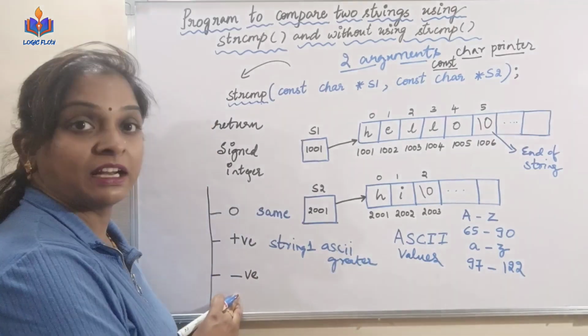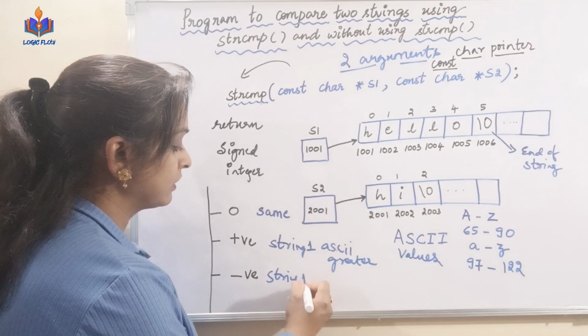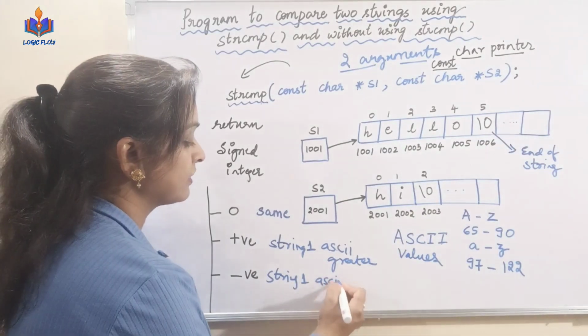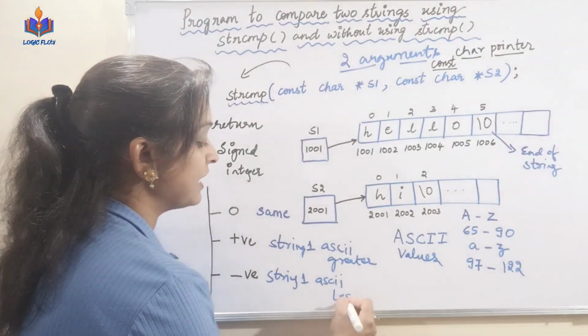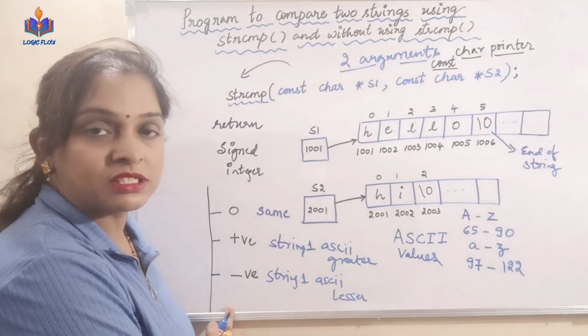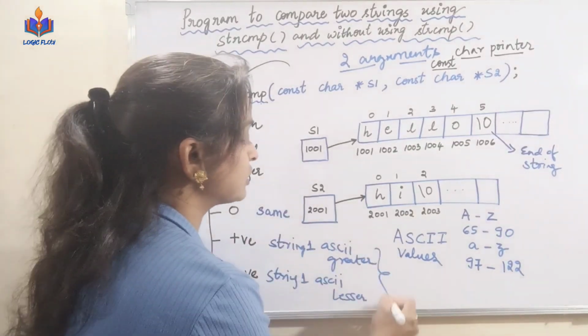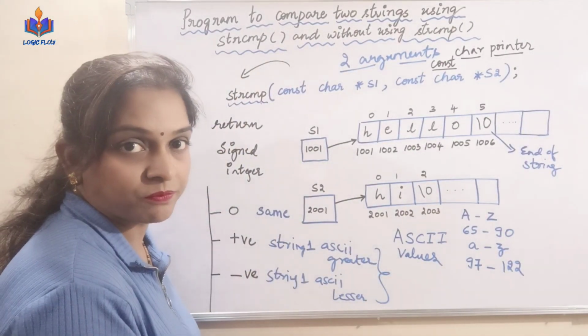If it is returning negative, it means the string 1 ASCII value is lesser. So based on these 3 values, the compiler is going to decide whether the strings are same or whether the strings are different.